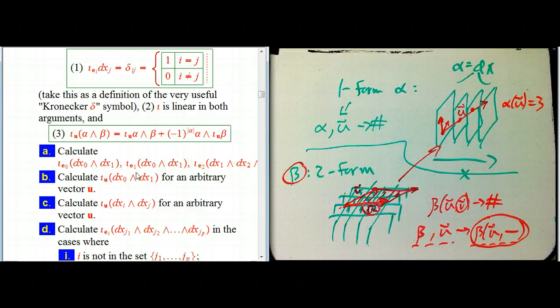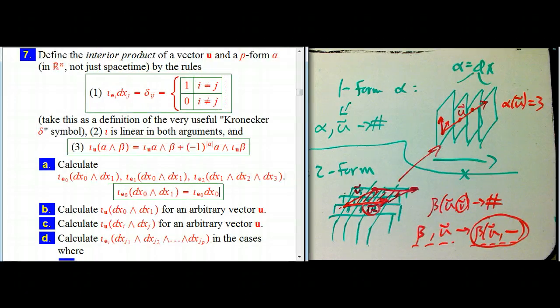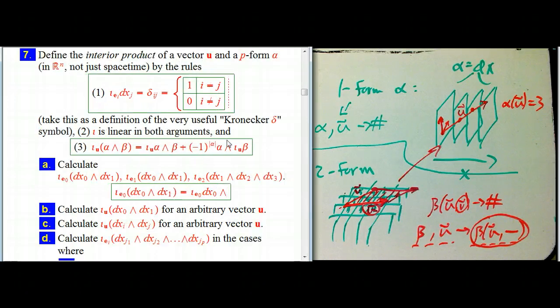Okay, so I_e0 of dx0 wedge dx1. Let me copy that and paste it here. What's that going to be? Well, I can use this rule. It's going to be I_e0 of dx0 wedge dx1 alone, minus, because alpha is a 1-form here (dx0 is a 1-form), dx0 alone wedge I_e0 of dx1.